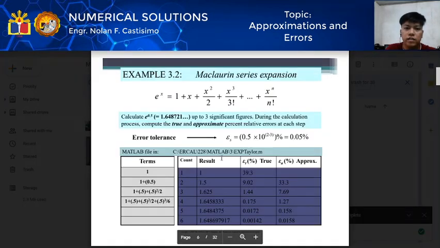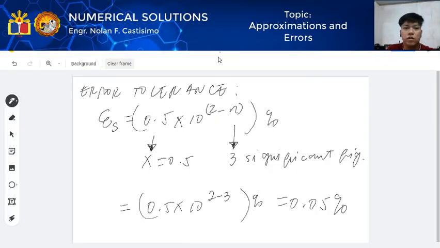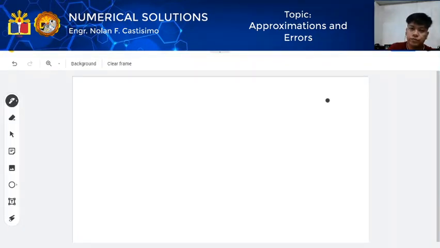Okay? Next, we have here the terms. So, ano yung terms natin? So, ito yung terms natin. Diba? Yung e raised to x natin is equivalent to 1 plus x raised to 0 over 0 factorial plus 1. Hindi pala 1.